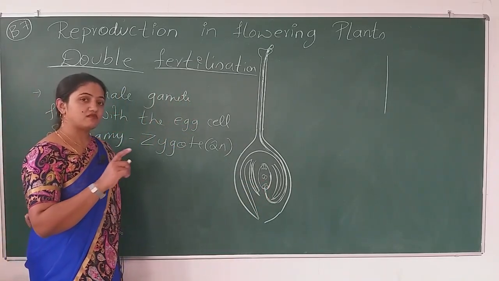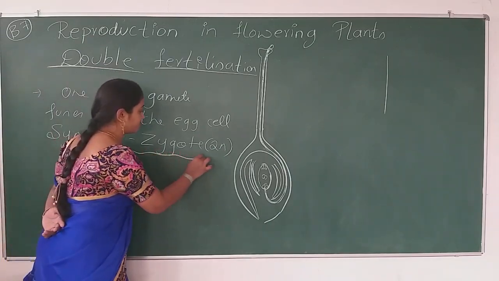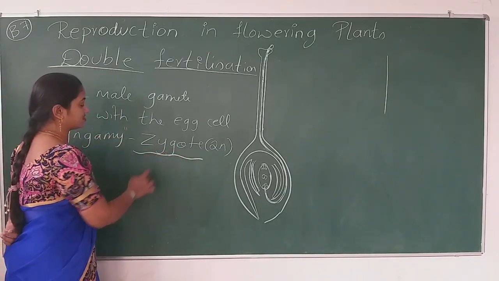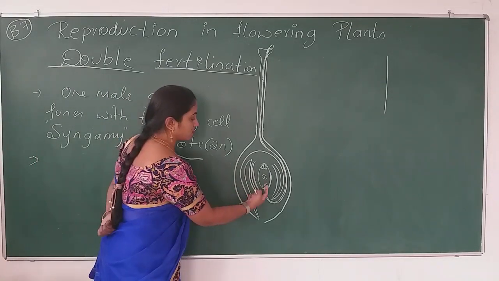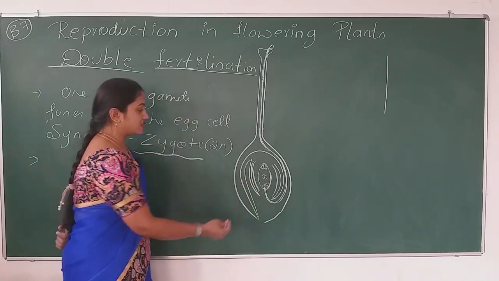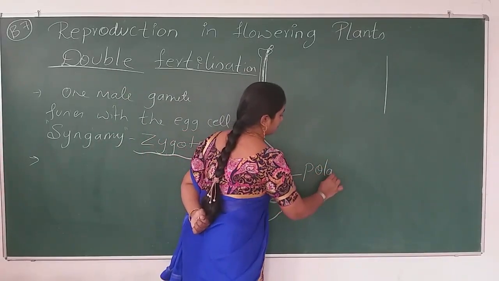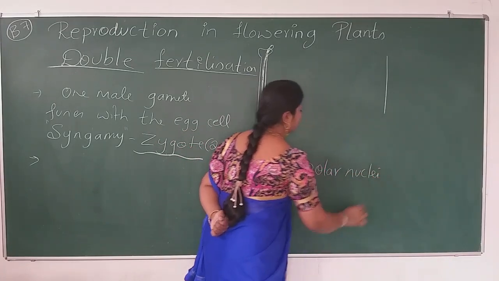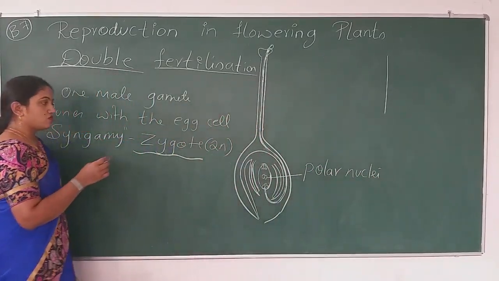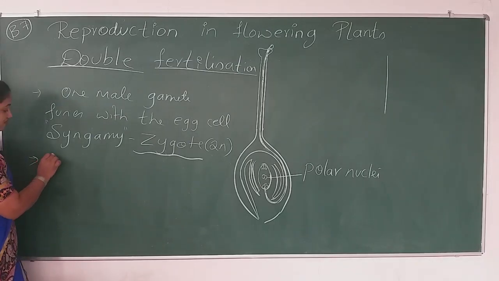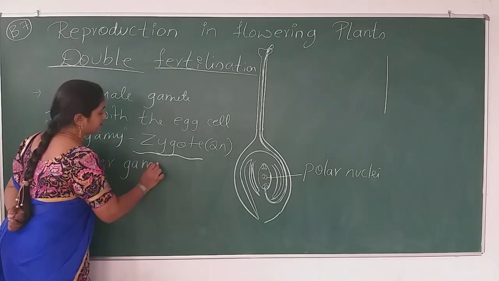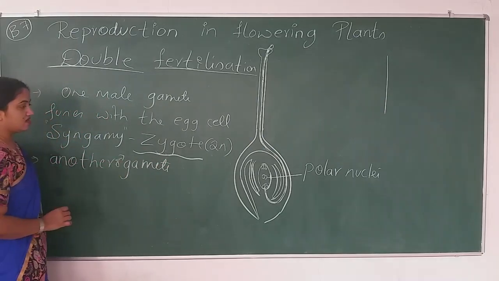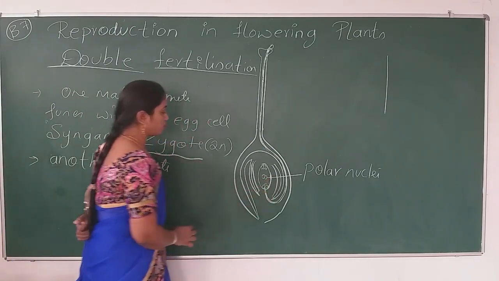That fusion is known as syngamy, and the resultant product is the zygote, with ploidy 2n. Then, out of two male gametes, one is done. The other male gamete travels to the polar nuclei, which are two nuclei.